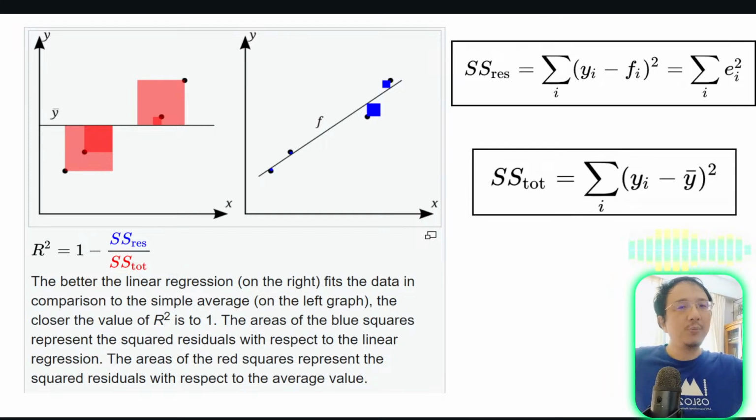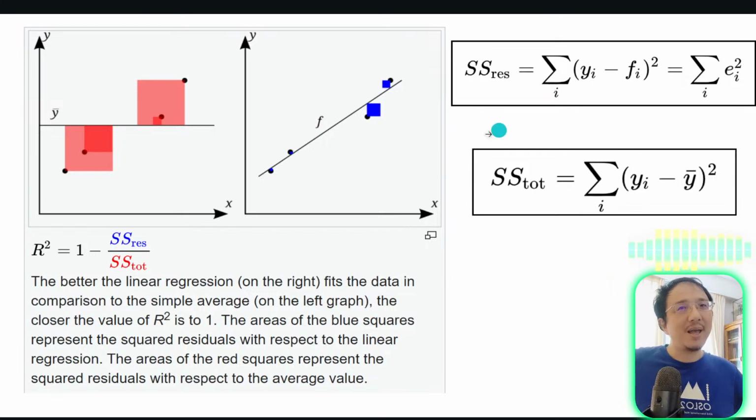And 1 to be the good score, the best score, and 0 to be, in general, the worst score. So I do occasionally see people getting a negative R² score. Just be aware, if you are getting a negative score, it means you're probably doing something totally wrong.